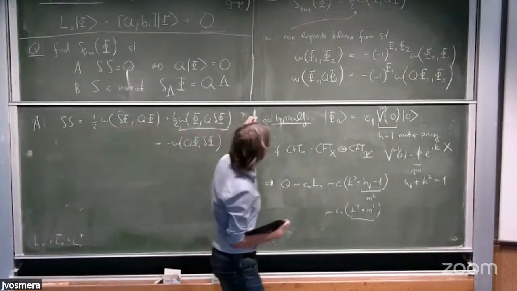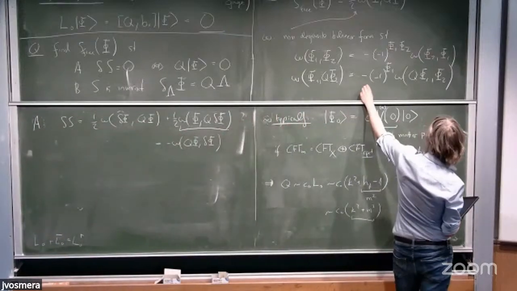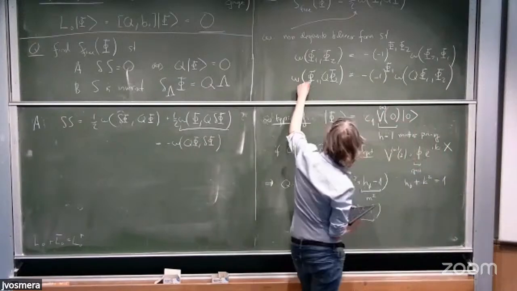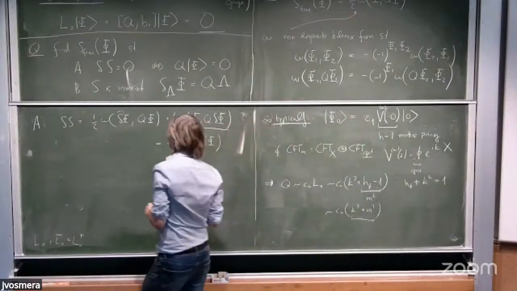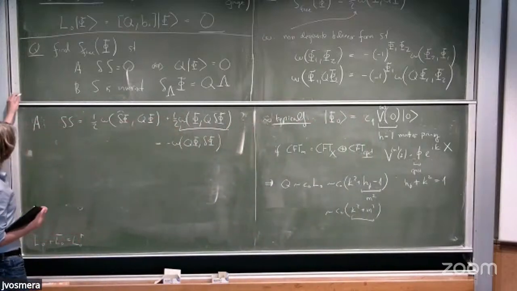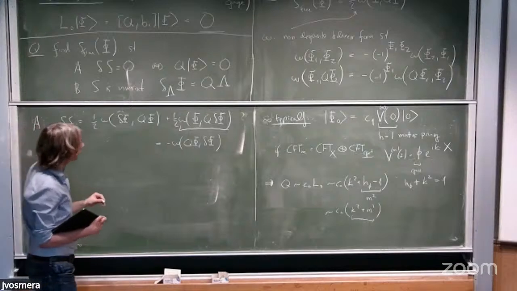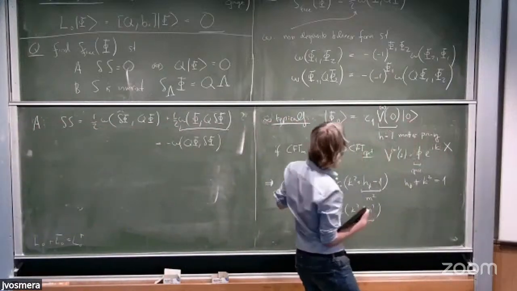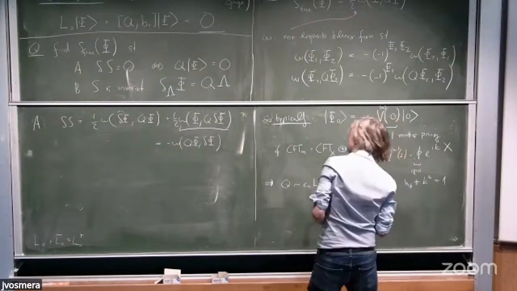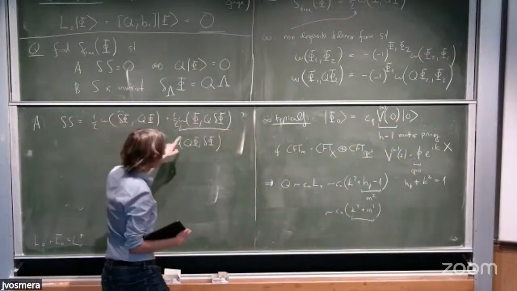So here I'm really picking up this minus, because when I move this Q past this state phi 1, I need to remember that the string fields, which I'm using to construct physical states, have degree +2. So this degree here is +2. So that -1 to the phi 1 contributes a plus. So I just get this minus here.